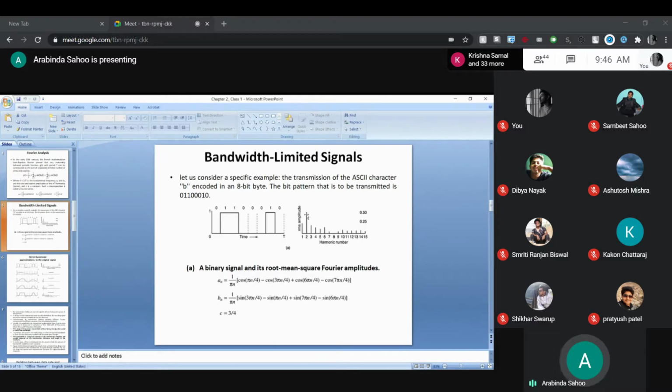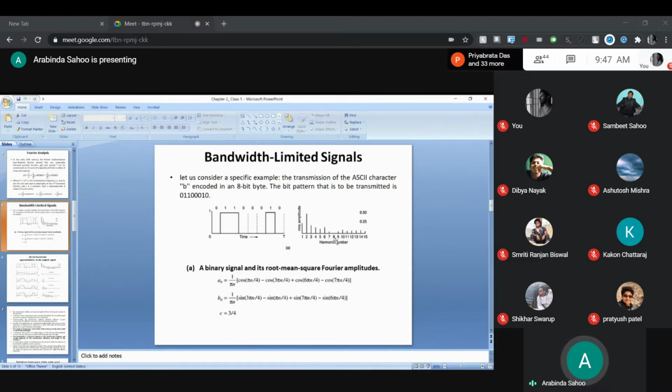That means most of the information of this original signal, the first figure, is associated with harmonic number 2. So if you remove harmonic number 2, or the sine or cosine terms associated with it, and transmit the signal, you will lose most of the information.